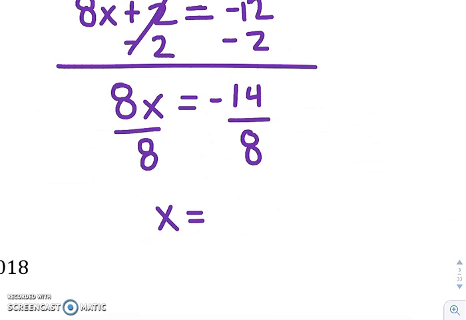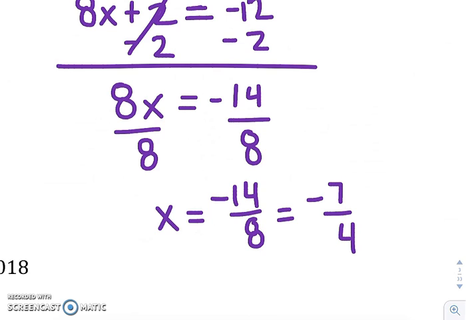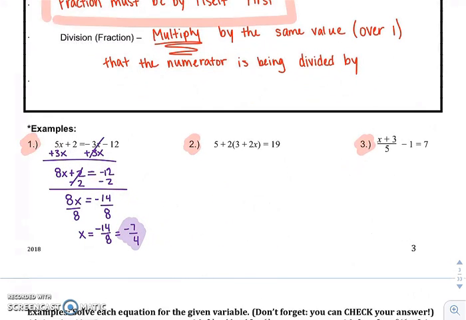It's just that if you don't have a calculator, there's nothing wrong with saying x equals negative 14/8, or if you simplify it, negative 7/4. As a decimal, maybe negative 1.75. I'll usually leave them as fractions.